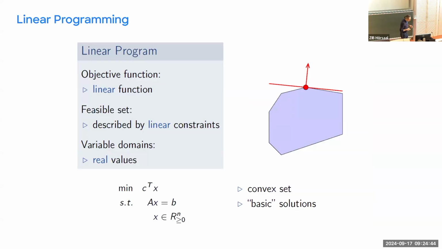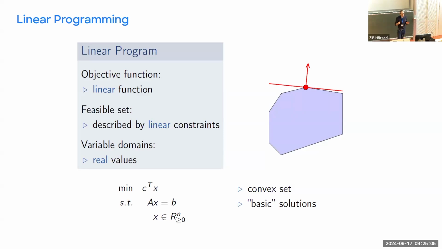Okay, so let's just formally introduce the optimization problems that we're interested in today and tomorrow. A linear program consists of a linear function for the objective, the feasible set is described by linear constraints, and the variables can take real values.